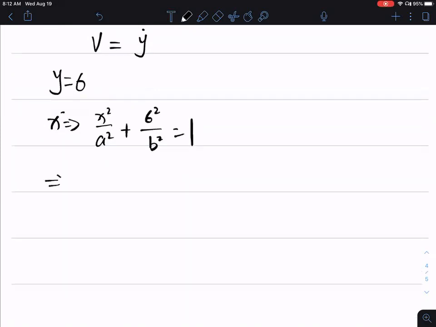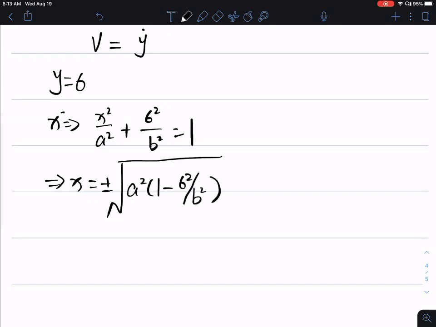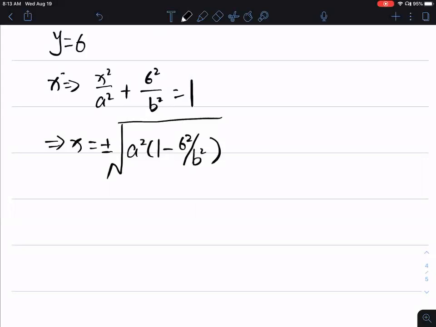Now you can solve for x from here. x is going to be positive or negative the square root of a squared times 1 minus 6 squared over b squared. That's an easy calculation to find x.